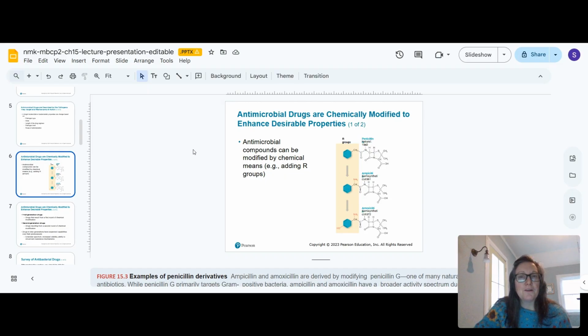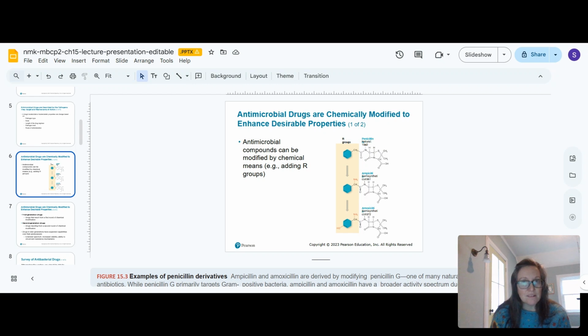So antimicrobial drugs can be chemically modified to enhance desirable properties. Many of our antimicrobial compounds are derived from plants or are plant extracts themselves.